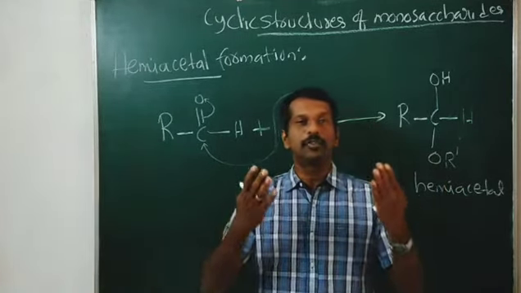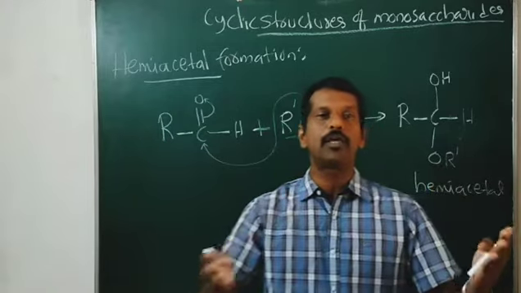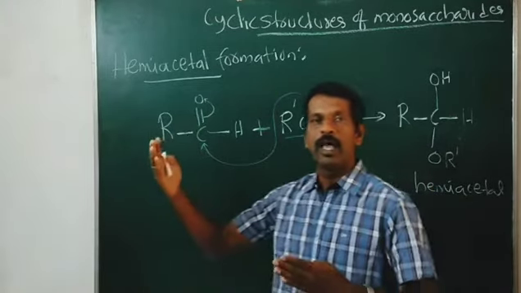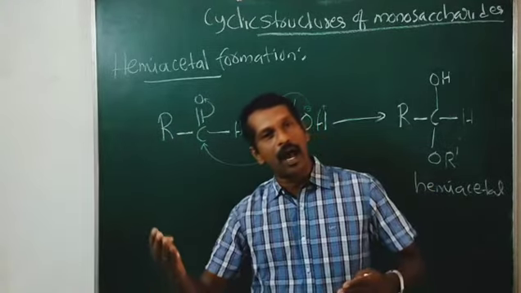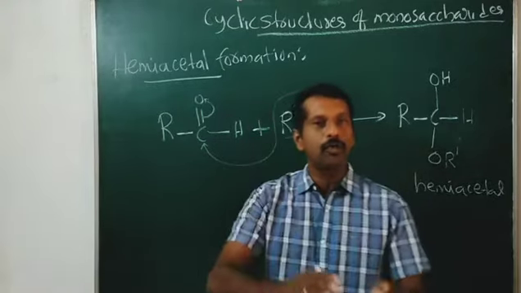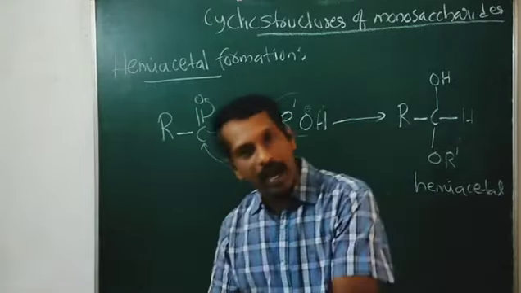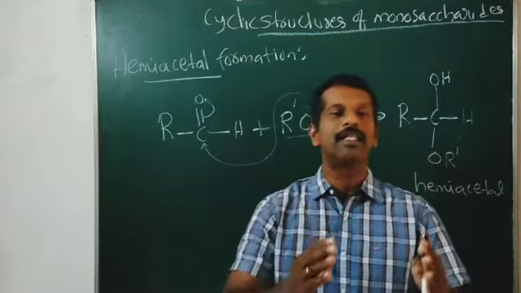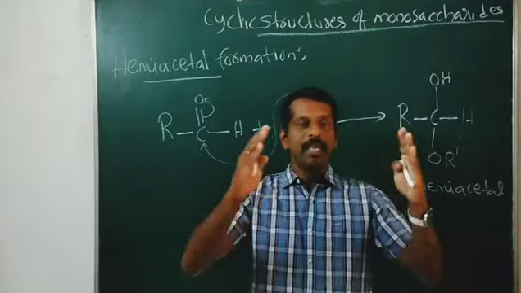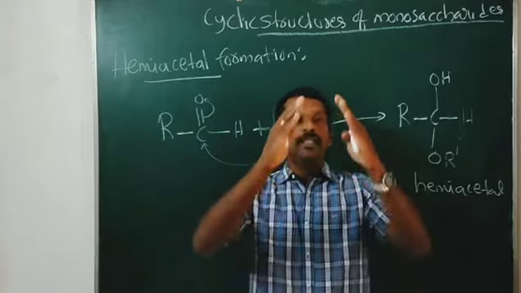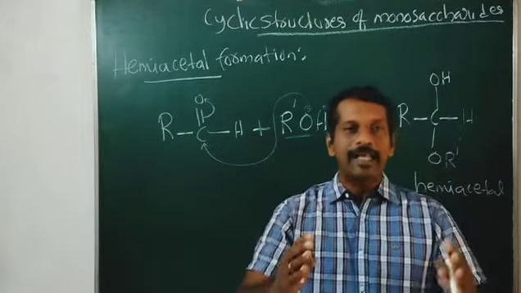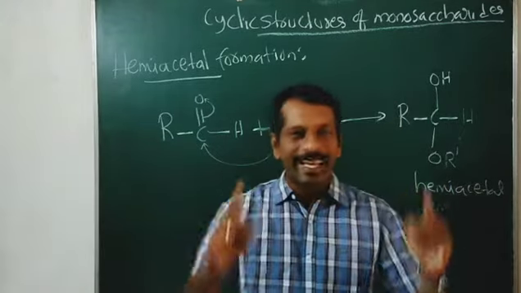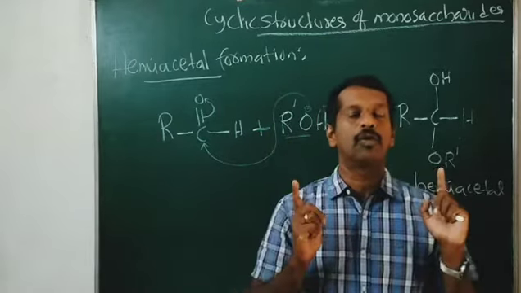There is a possibility of intramolecular interaction between the aldehyde group and an alcohol group, or the keto group and an alcohol group in the same molecule, which will result in the formation of a hemiacetal. That means hemiacetal formation will result in cyclic structures for monosaccharides.